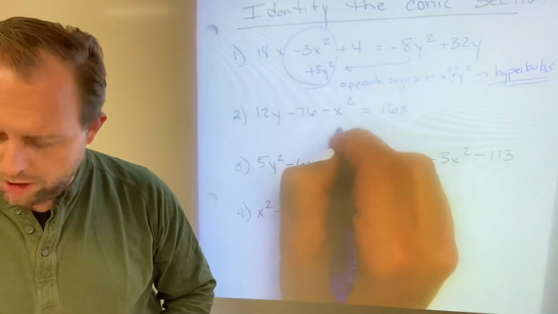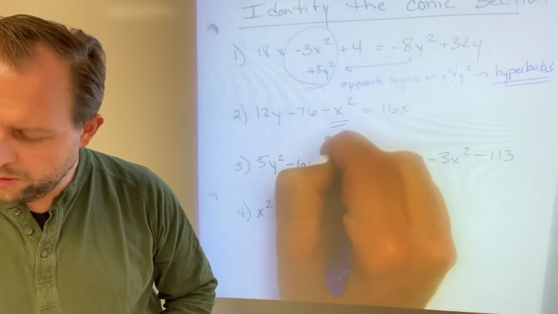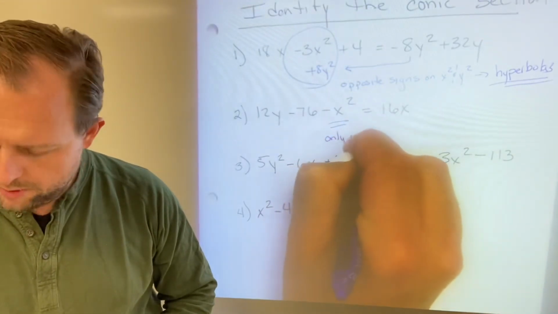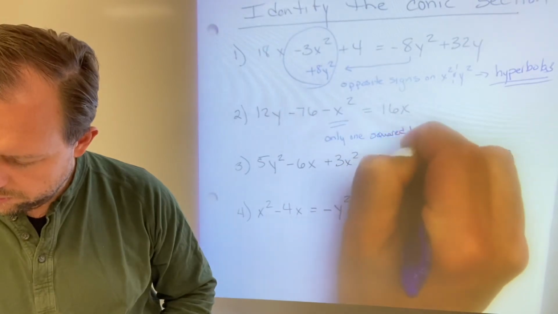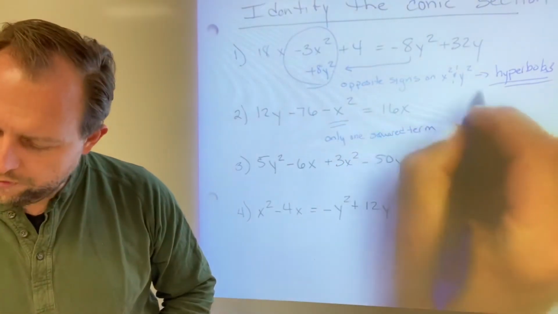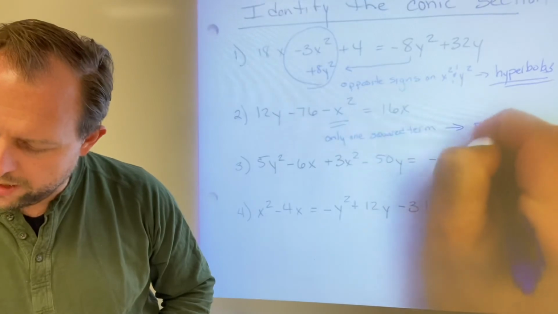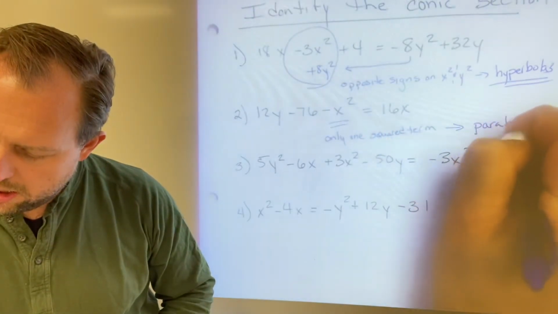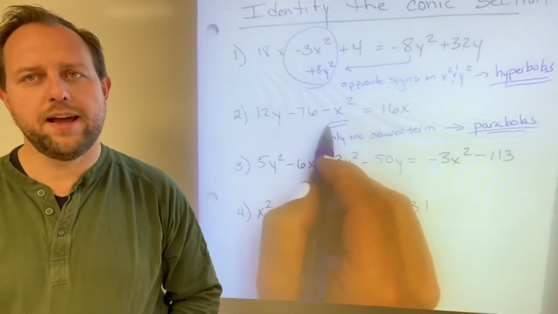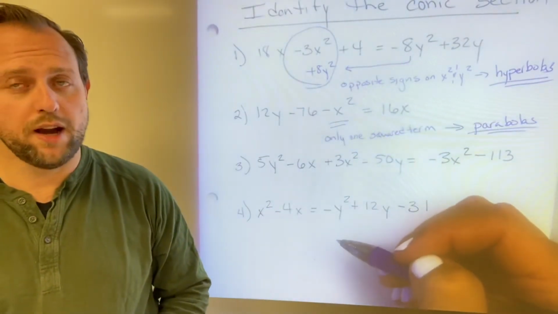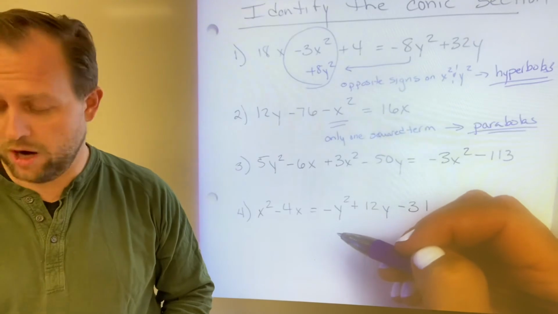Well, remember, when we had only one squared term, those were the first ones we studied. Those were the parabolas. If it was an x squared, it opened up and down. And if it was a y squared, it opened left and right.